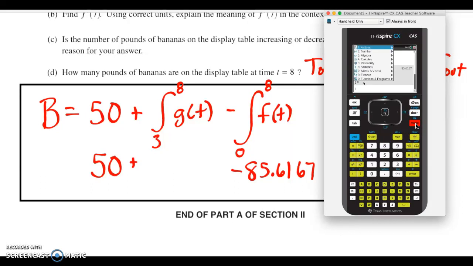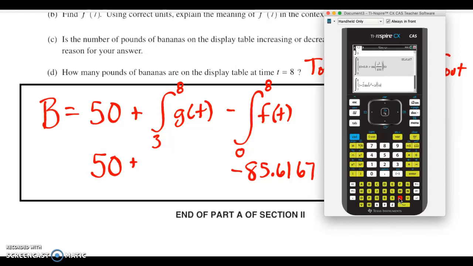So it's menu, calculus, integral. Now I'm going to integrate from 3 to 8 the function g of t, and g of t is 3 plus 2.4 ln of parentheses, t squared plus 2t, close parentheses, dt.